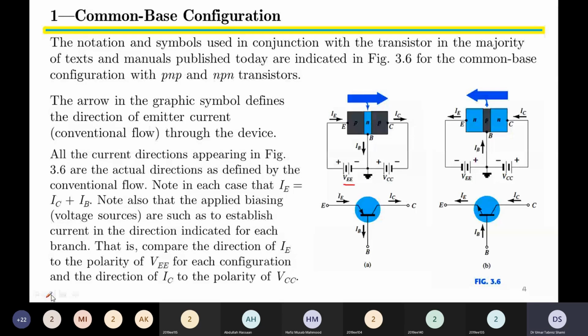So if we write VE, then it means voltage at the emitter, which will be slightly misguiding. So to make things separate and easy to understand, VEE represents the voltage source connected at the emitter side, whereas VCC represents the voltage source connected at the collector side.